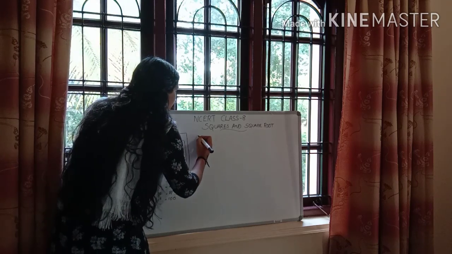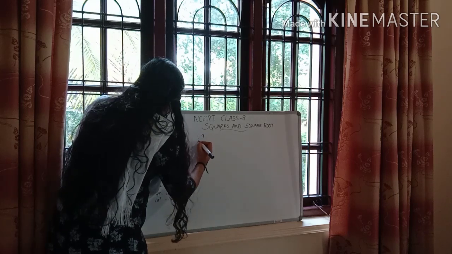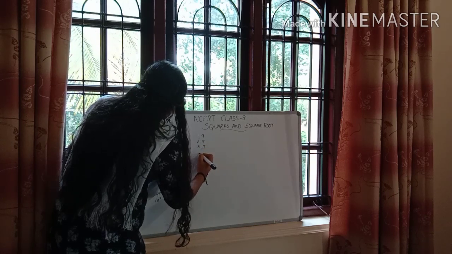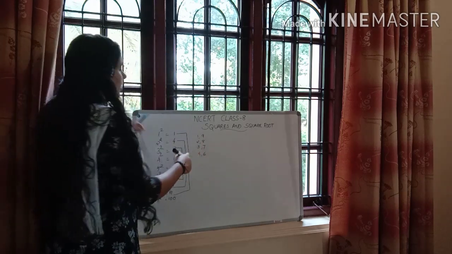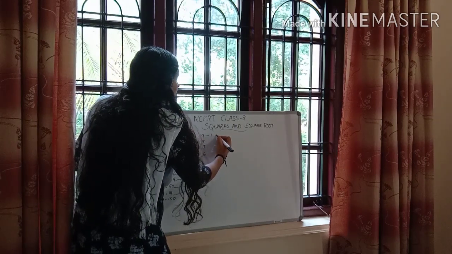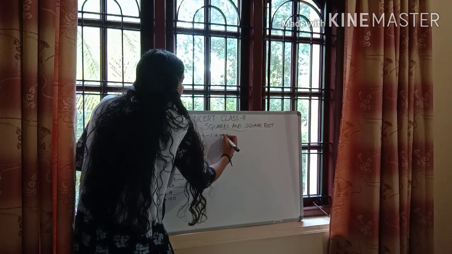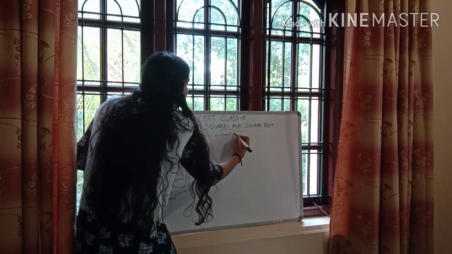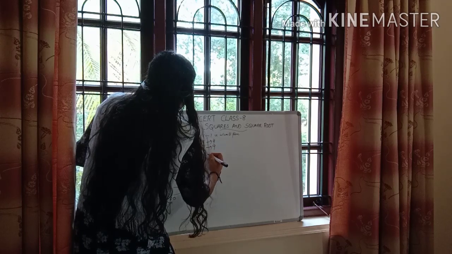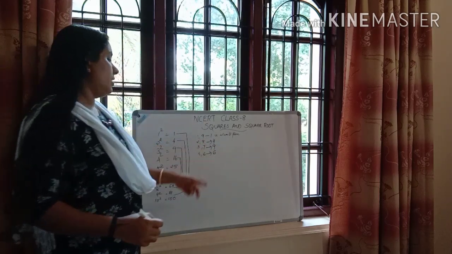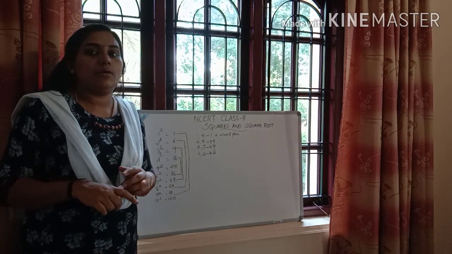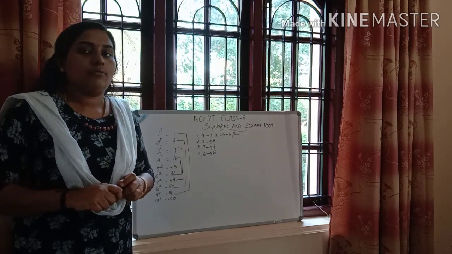So we can conclude that 1 and 9, 2 and 8, 3 and 7, 4 and 6 give the same units digit: 1 and 9 give 1 in the units place, 2 and 8 give 4, 3 and 7 give 9, and 4 and 6 give 6. 5 square gives only 5 in its units place. It will not give another number.